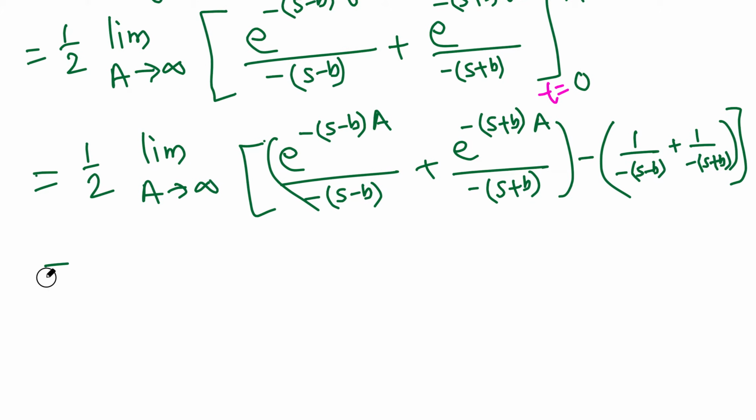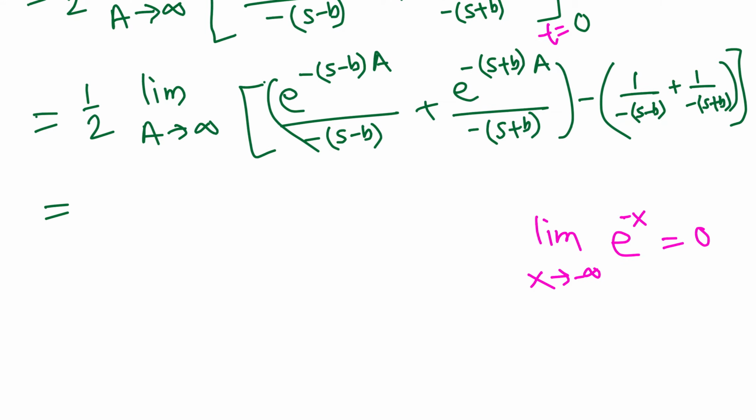Now we need to take the limit as a goes to infinity. Let me remind you of something: when we have e raised to x, and x goes to negative infinity, this is 0. This is pretty much the graph of e to the negative x, and when x goes to infinity, the graph becomes asymptotic to the x-axis. So I'm going to apply this rule: e to the negative infinity is 0.